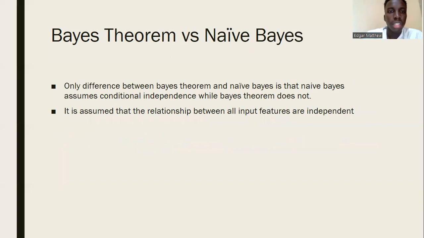We compare Bayes' theorem and naive Bayes, and the major difference here is the independence. In naive Bayes, the major assumption is that all the features you're considering are independent from one another and they contribute equally to the outcome. That's not the case in Bayes' theorem.